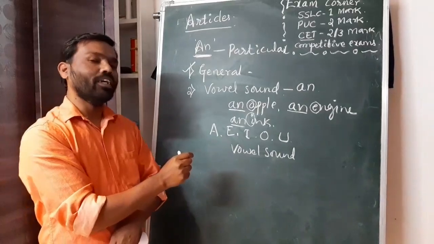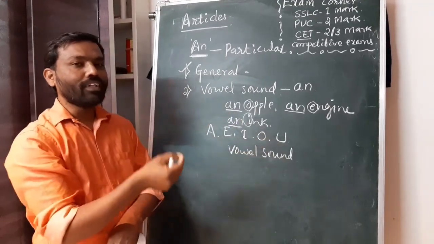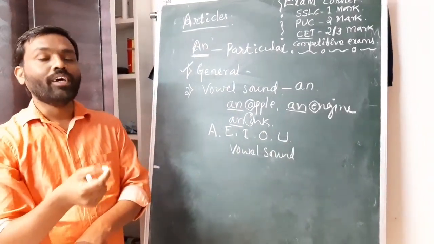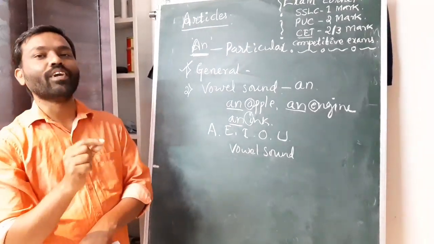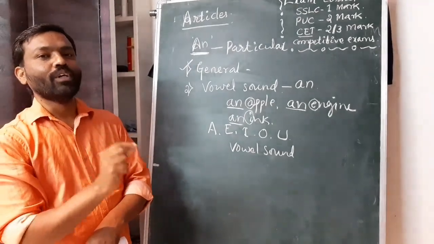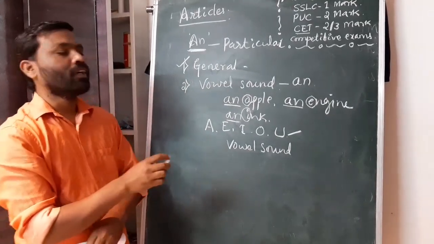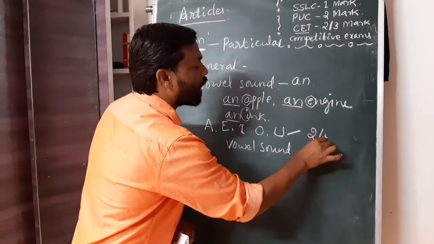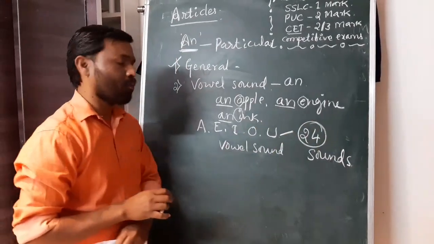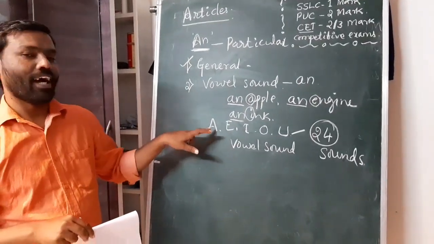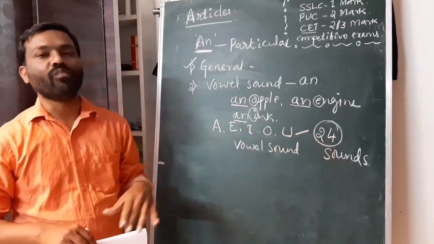Most students focus on A, E, I, O, U and words that start with A, E, I, O, U, but that doesn't always give a vowel sound. Sometimes there is a difference between vowel and vowel sound. According to phonetics, A, E, I, O, U give 24 different types of vowel sounds. It's very important, please keep it in mind. The vowels are A, E, I, O, U, but the sounds are 24 different types.